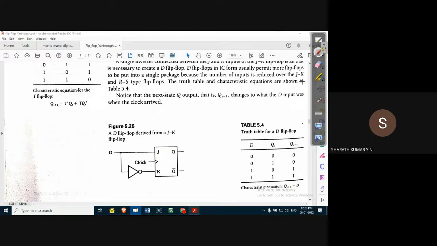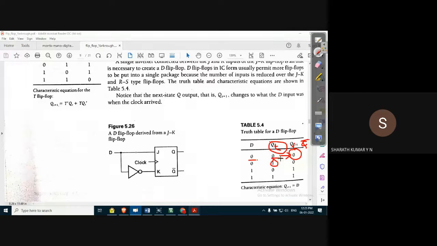So the truth table is very simple, guys. When D is 0, Q is also 0. You'll not be able to see this properly, it is actually Qt plus 1. Qt is the present state, Qt plus 1 is the next state. Qt plus 1 dash will be the complement of the next state. So if it is initially 0, it will change its state to 0.